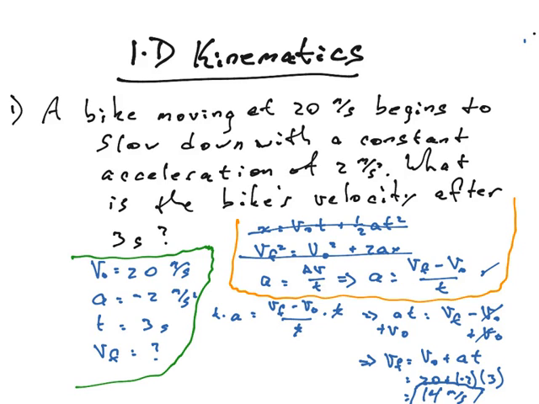The second equation did have VF, so I asked myself the second question: given VF is the thing I'm looking for, do I know all of the other variables that are in this equation? And in this case, I didn't, because I did not know X. Since I did not know X, there's too much stuff I don't know.